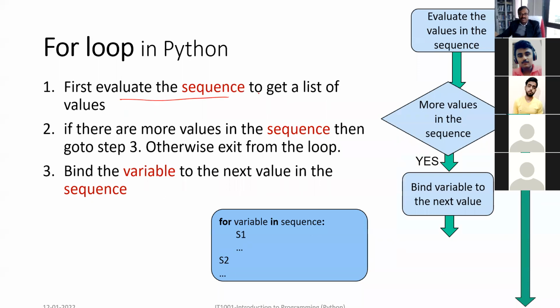For evaluates the sequence to get a list of values. If there are more values in that sequence, then it will continue with each of these values. Otherwise, it will exit from the loop, right? So it will go inside the loop as long as it continues to have elements in that sequence.